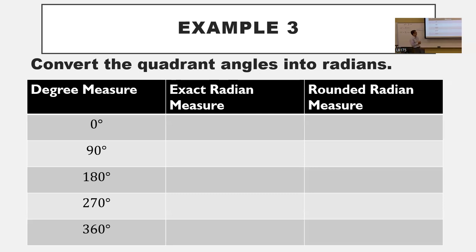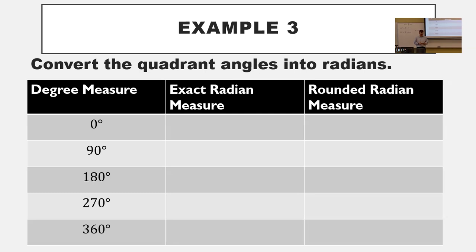Does that make sense? So just so that we're aware, 0 degrees is 0 radians. The rounded version of that is still 0 radians. 90 degrees is pi over 2. The rounded version of that is about 1.57. Pi is about 3.14.